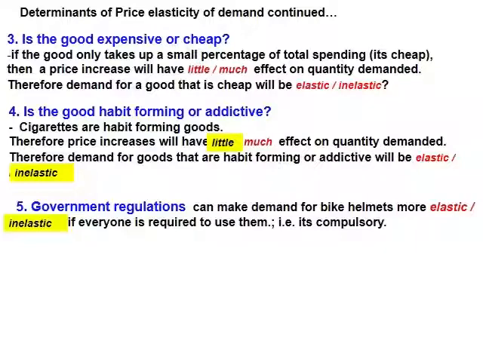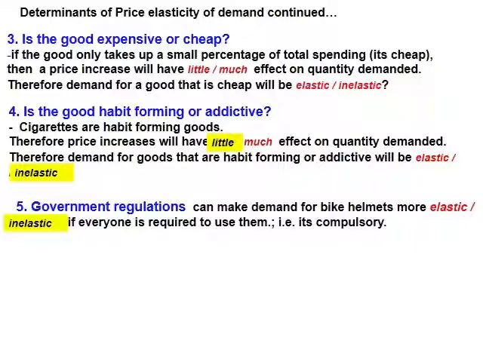Fourthly, is the good durable or non-durable? Durable goods are goods that last a long time. And so if the price changes, if the price, for example, goes up, it's unlikely people will go ahead and buy that good immediately. They can wait because it's durable. If they have to replace it, they have to replace it.